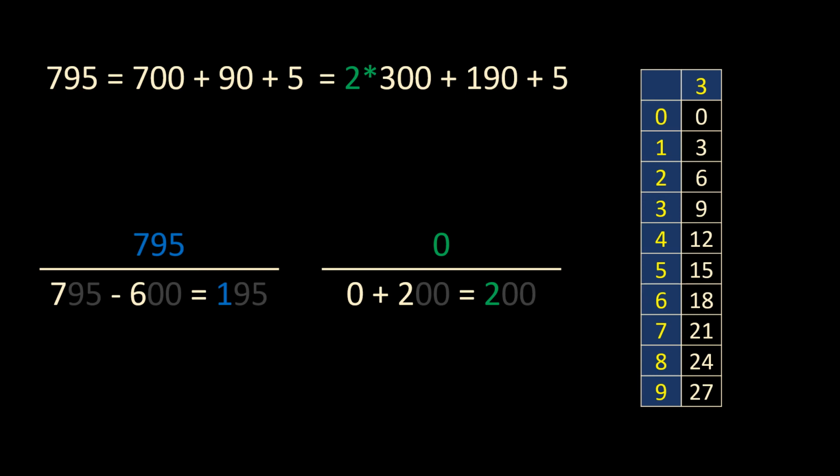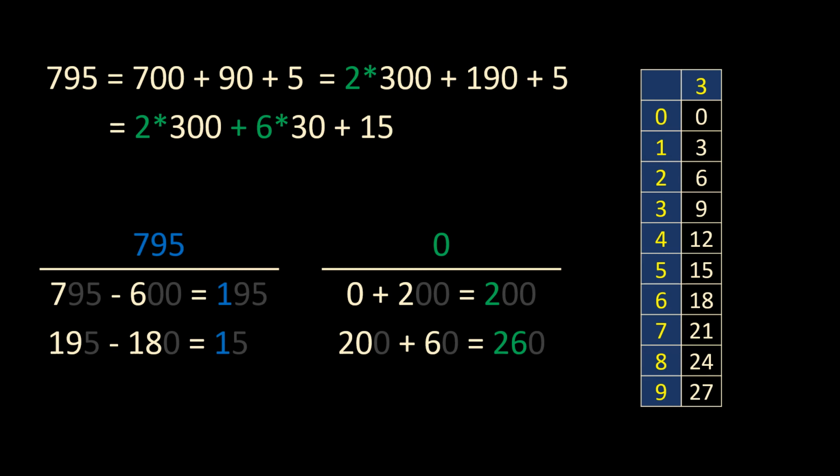In the next step, we try to subtract as many 30's as we can from 190. From the multiplication table, we know that the largest multiple of 3 we can subtract from 19 is 18, which is 3 times 6. Therefore, this time we subtract 180 and add 60 to the count.